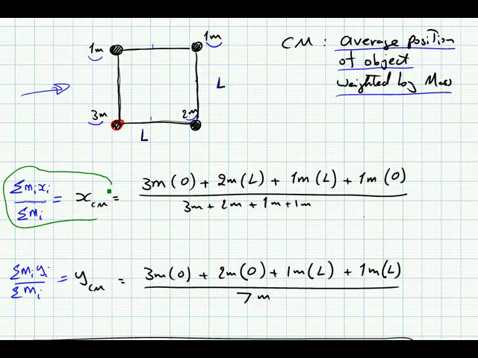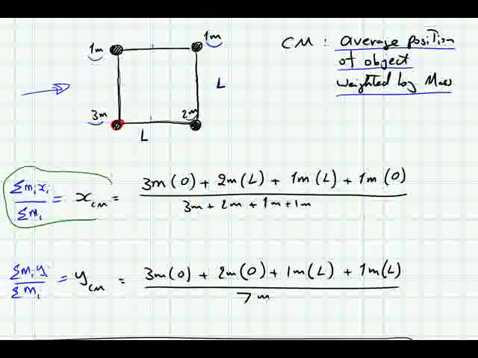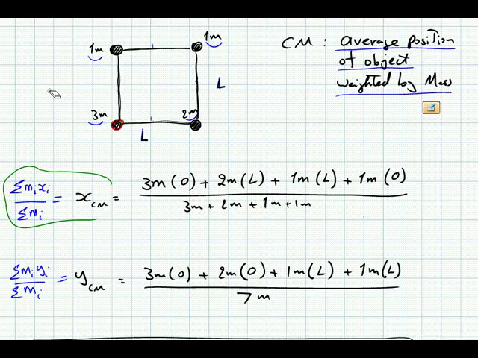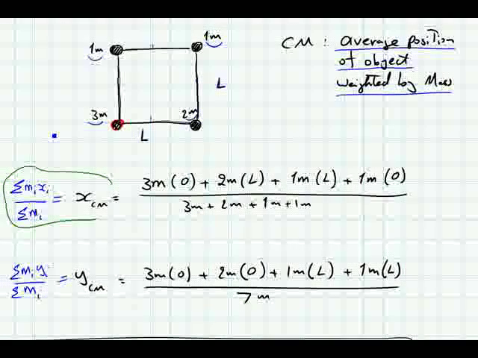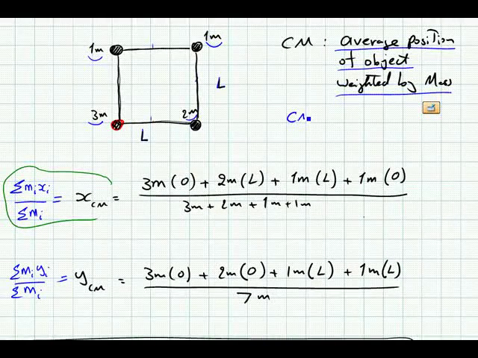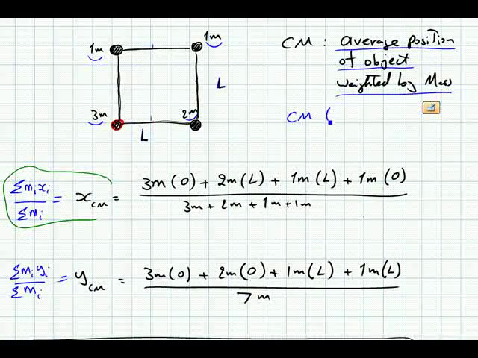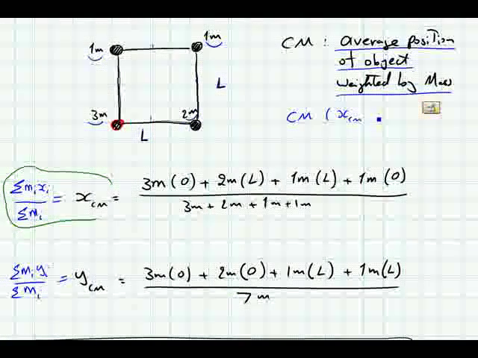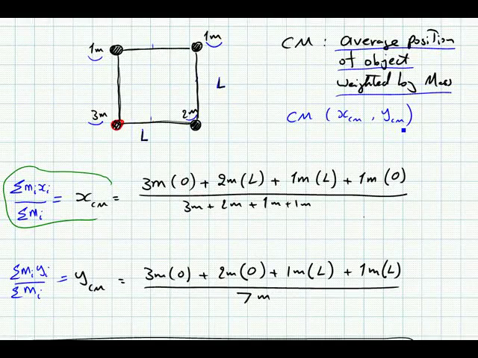So the first thing that one needs to do is to come up with a suitable xy coordinate system. After all, we're interested in defining the center of mass in terms of an x coordinate and a y coordinate, because we need to fix it in space. We need to find the position of the center of mass.